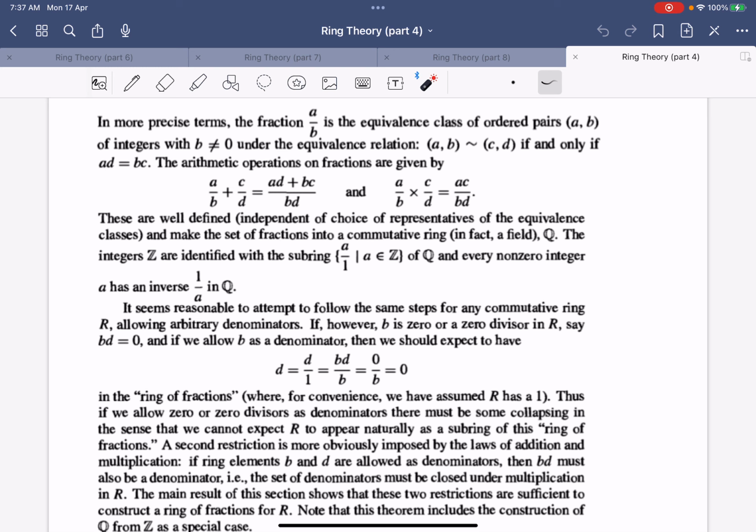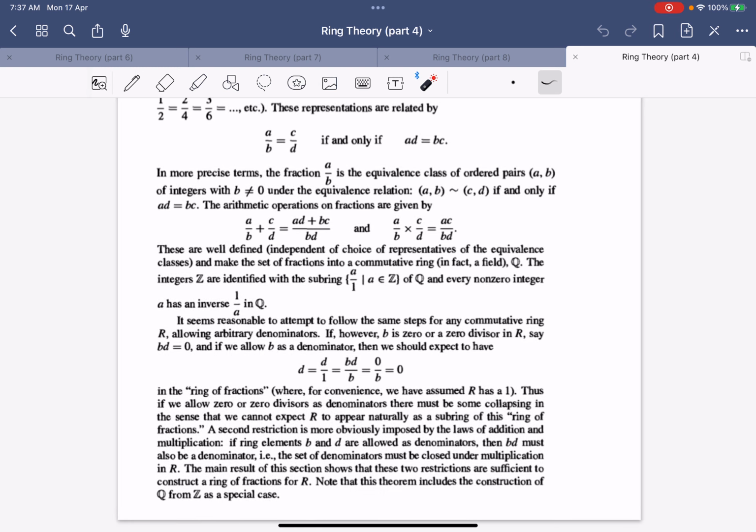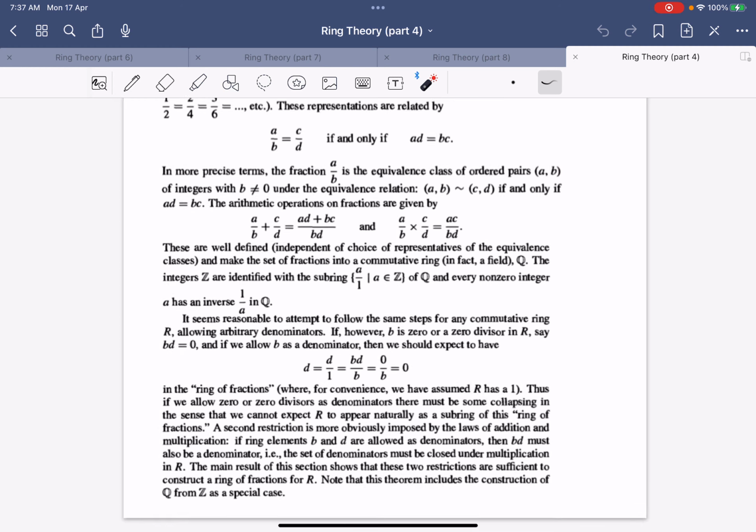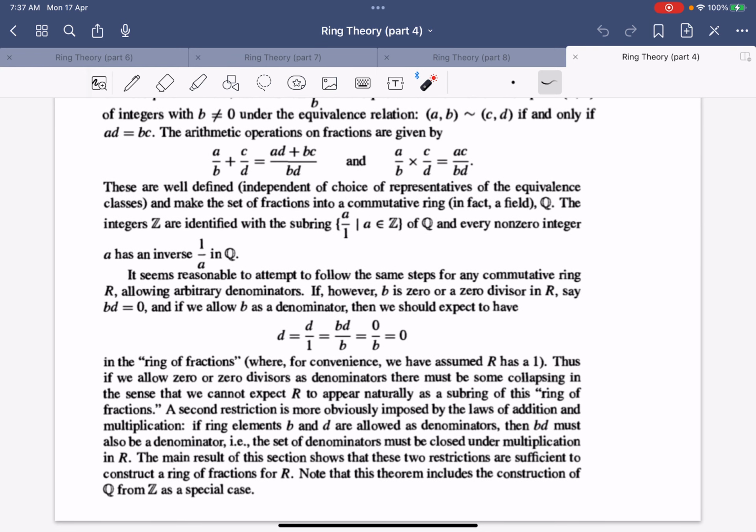And then the integers will be a subring of this Q, which can be identified by dividing by 1. And it has an inverse, so it's a unit. So you can see that we have created what we want to have. These are the properties we want, so we have already constructed it.